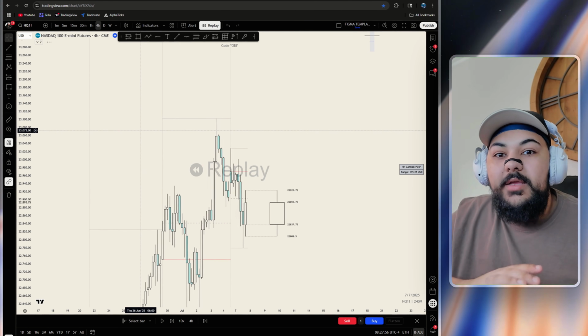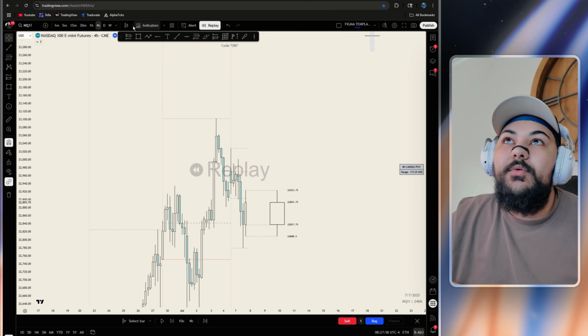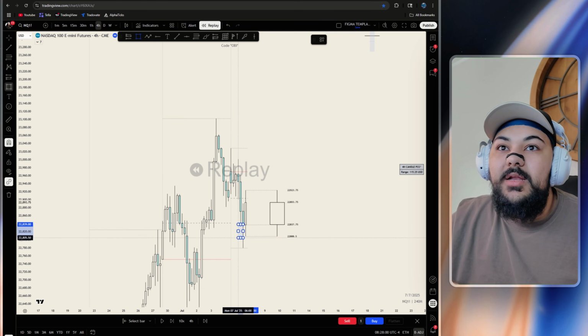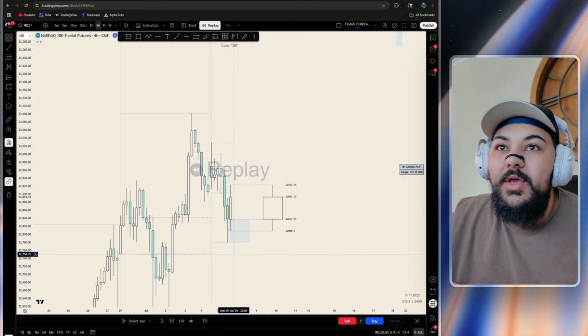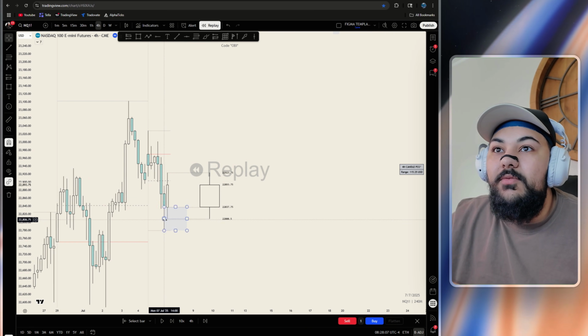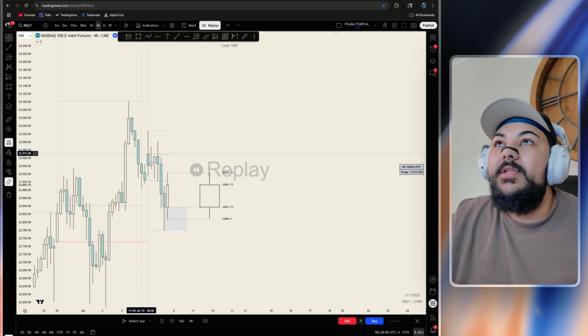Another way to find a high confidence play is when you have a 4-hour rejection block CE line up with the OTE of a lower time frame rejection block. So here on the 4-hour, you can see we have this 4-hour rejection block CE at this level.